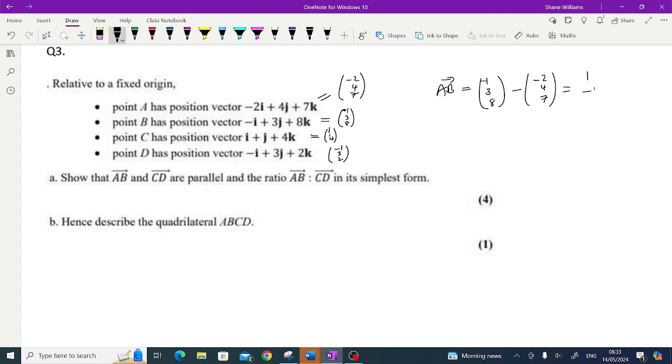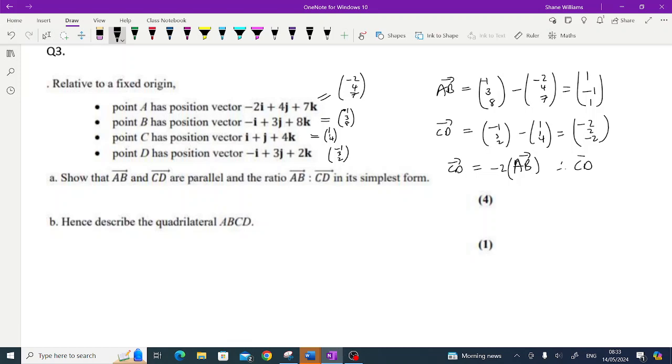In this case we get AB is this, and CD, and we can say that CD equals negative 2 times AB.